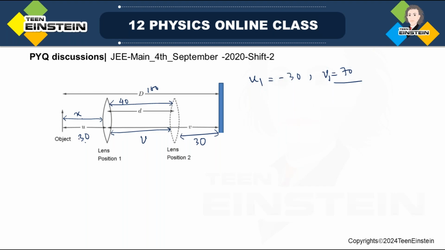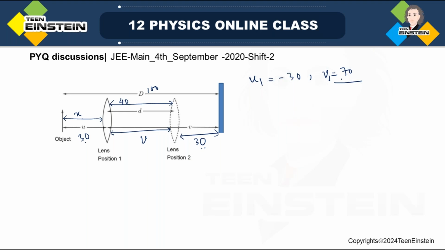So if the object distance is 30 from the first position of the lens, then the image distance from the lens will be obviously 70. Again, I have to take the second position that has a distance from the first position of the lens of 40. That means this distance is 30, right?